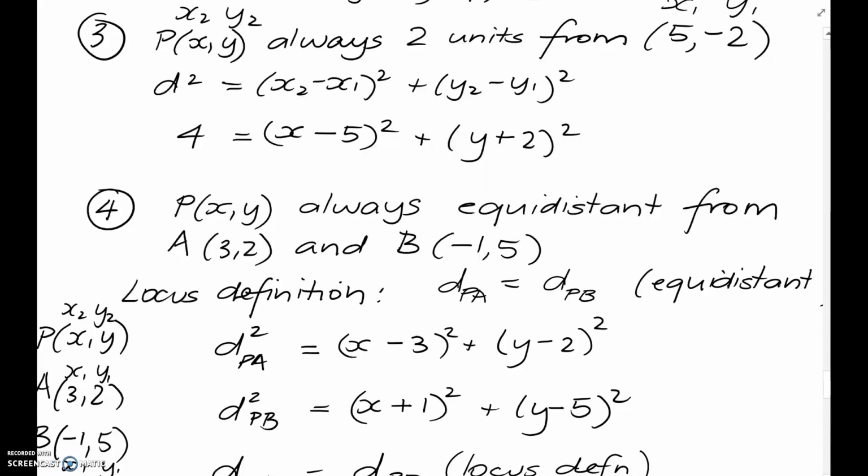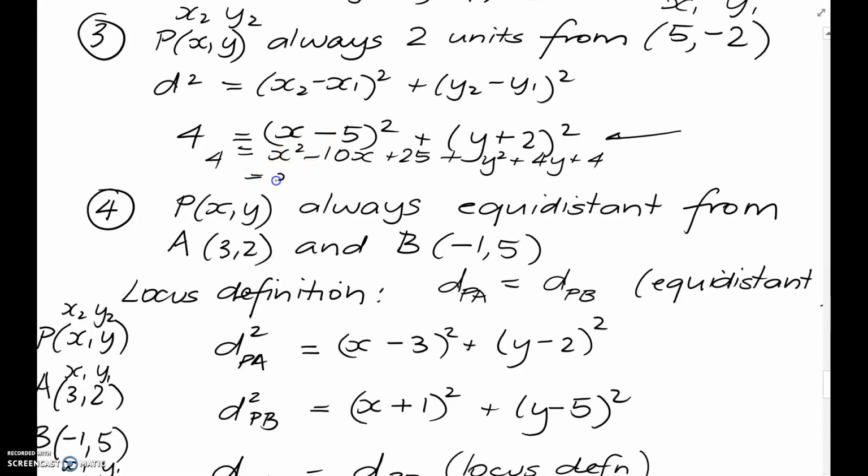It's always 2 units from 5, minus 2, so I've set it up, so it is. Once again, I haven't expanded that out, but if we did expand it out, we could get x squared minus 10x plus 25 there. Here we'd get y squared plus 4y plus 4, and 4 still on that side, and then you take everything all over to one side.